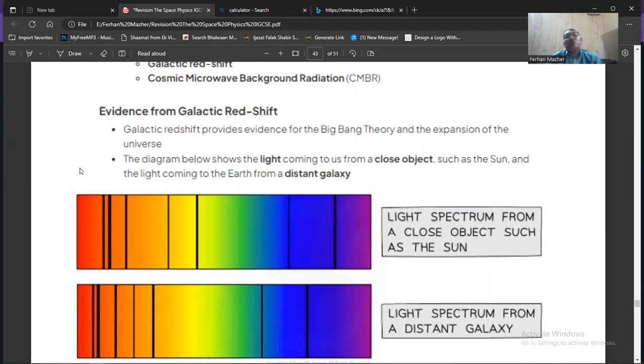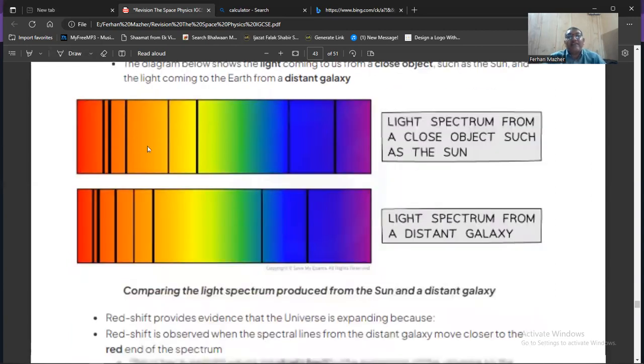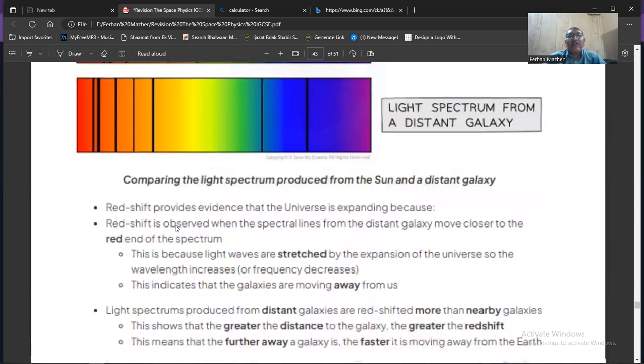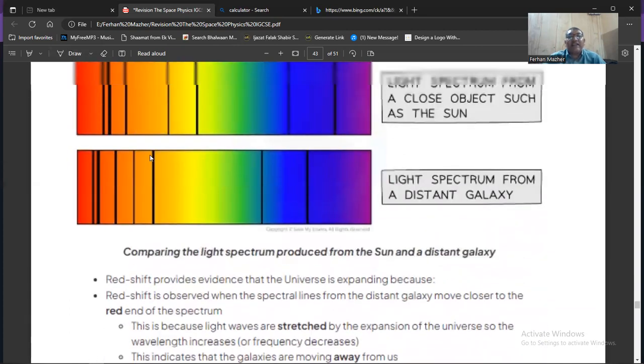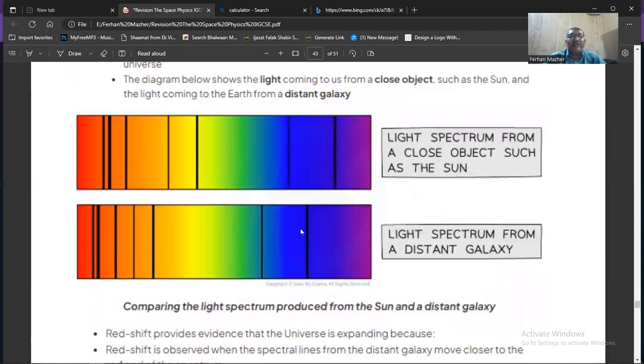The diagram below shows the light coming to us from a close object such as the sun and the light coming to the earth from a distant galaxy. So the light spectrum from a close object such as the sun and the light spectrum from a distant galaxy. Comparing the two, you can see these bands. They are going towards the red.